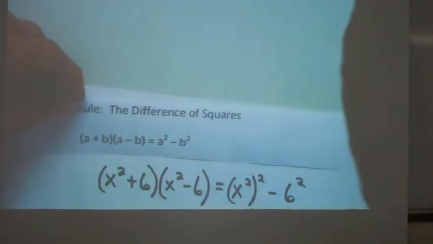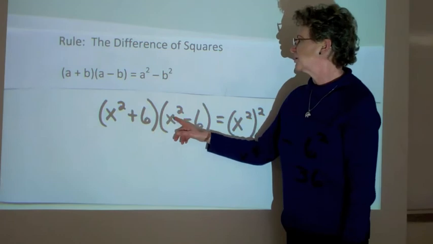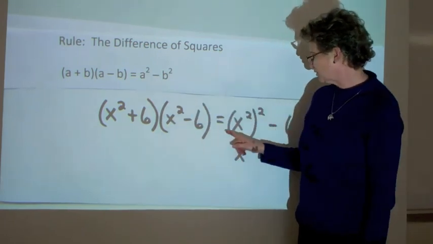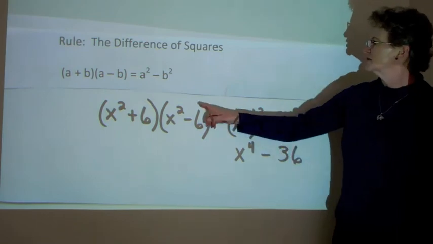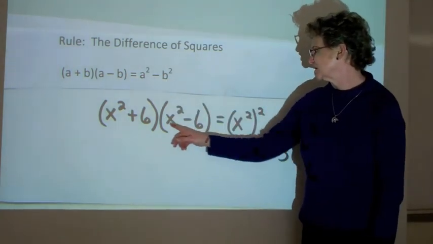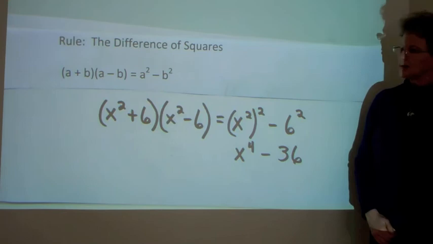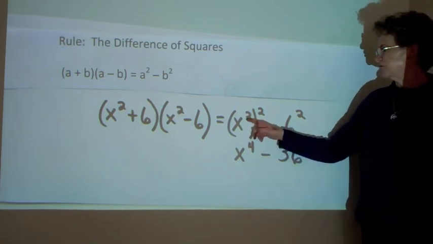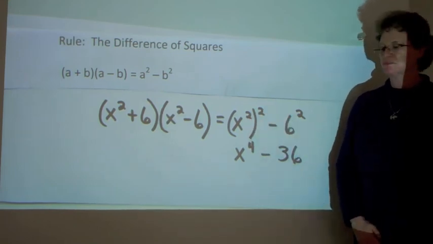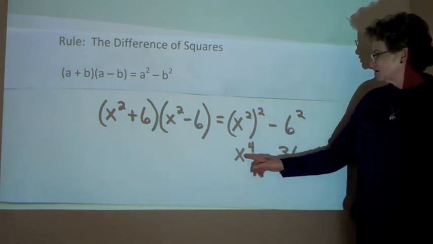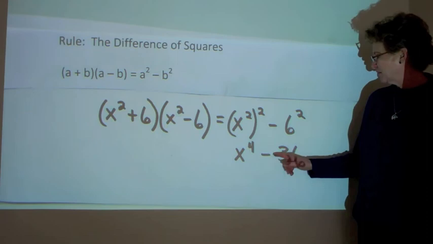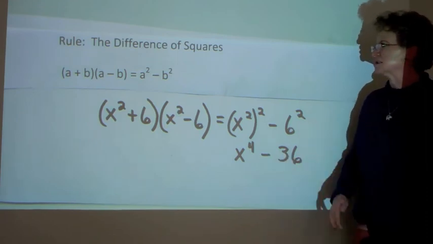Looking at another example, my first term is x squared, and my rule says that I square it, so here it is, x squared squared. I subtract the second term squared, so the second term is 6, so I square that. When I simplify, remember when you have a power to a power, our rules for exponents say we multiply the powers, so 2 times 2 is 4. So it's x to the 4th power minus 36.